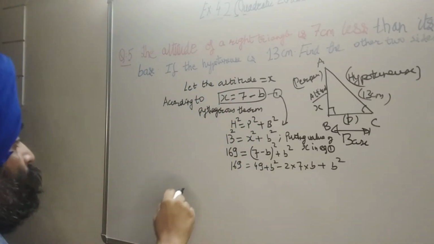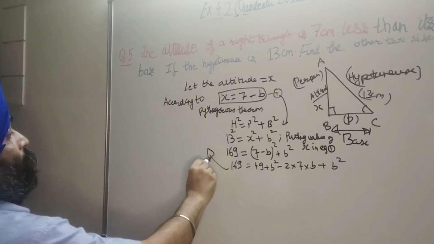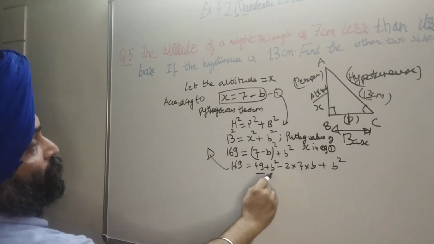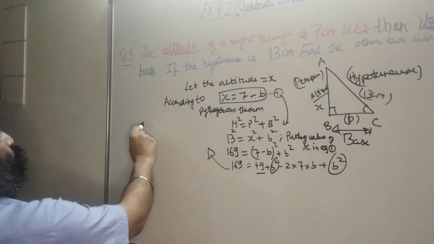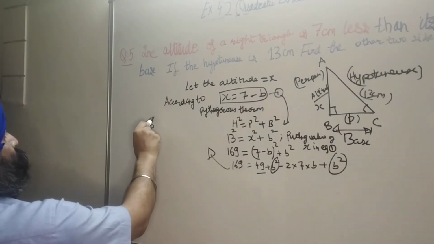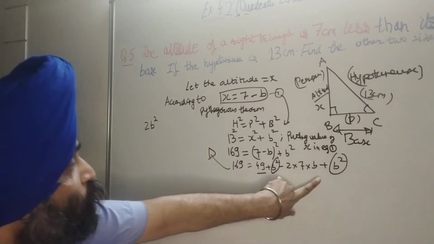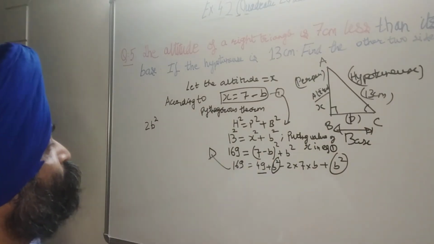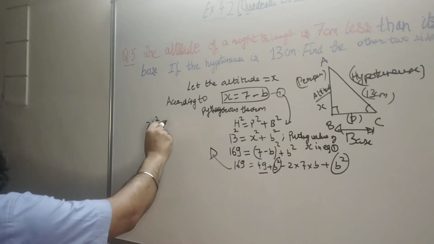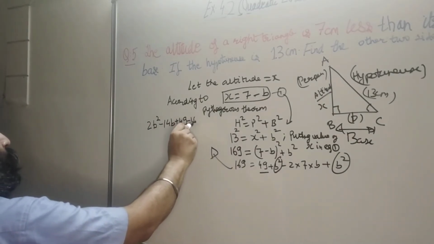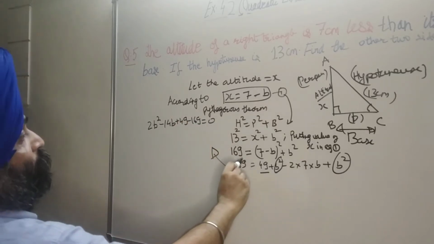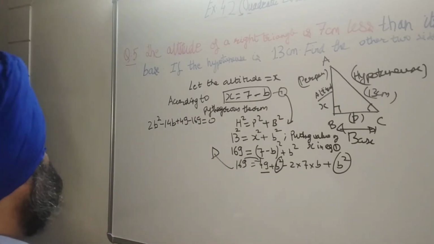So this is now, इसको हम यहाँ ले लेते हैं. 49 plus b square plus b square is 2b square. So 2b square minus 14b plus 49 minus 169 is equal to 0. इसको हम यहाँ ले गए 169.